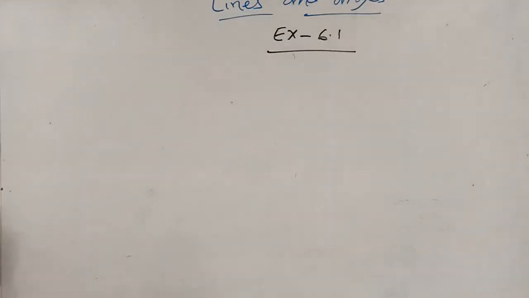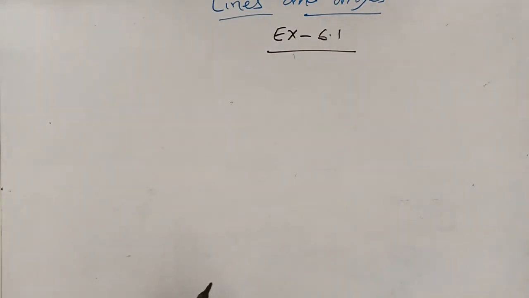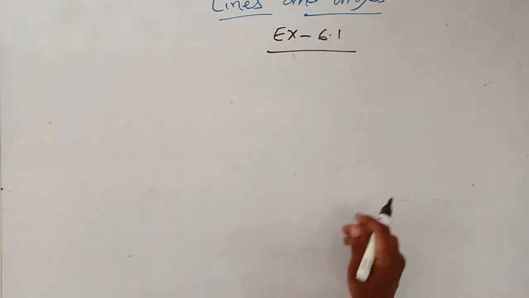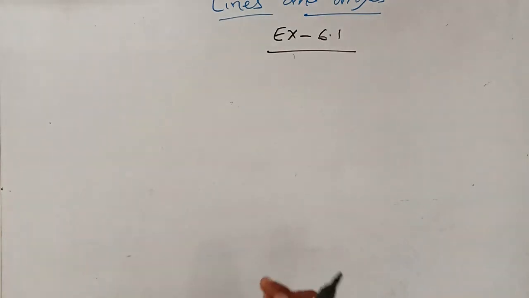Children, we'll start exercise 6.1. In that, the first question is: in the given figure, lines AB and CD intersect at O. If angle AOC plus angle BOE is equal to 70 degrees and angle BOD is equal to 40 degrees, then find the value of angle BOE and reflex of angle COE.